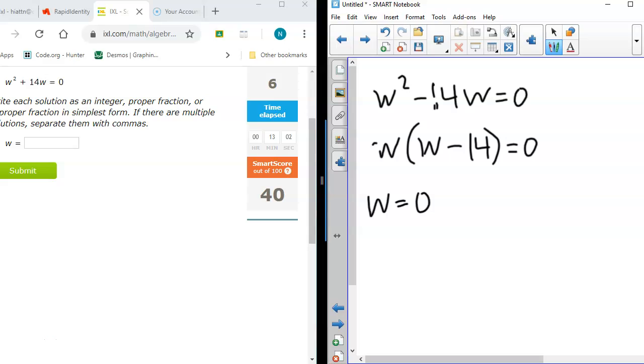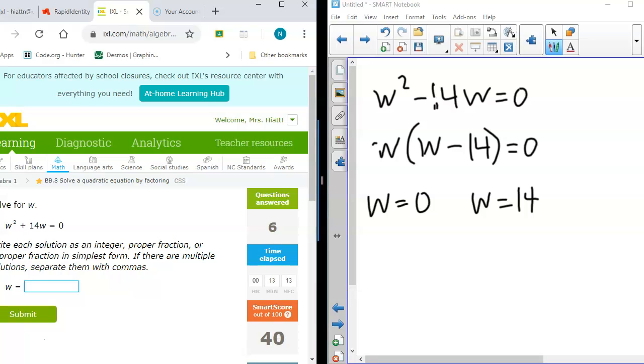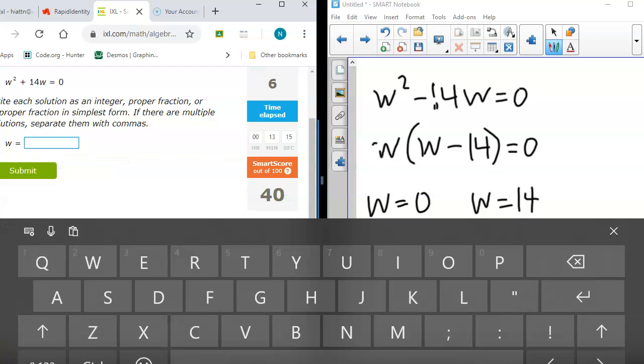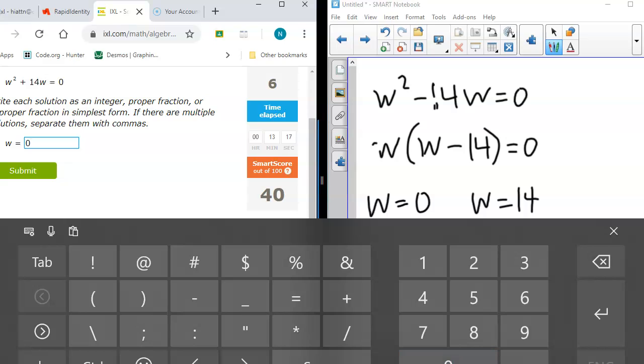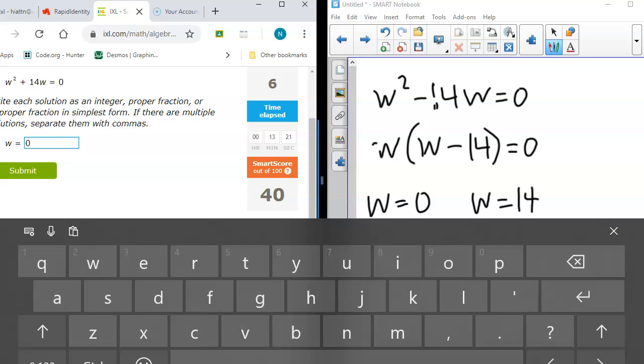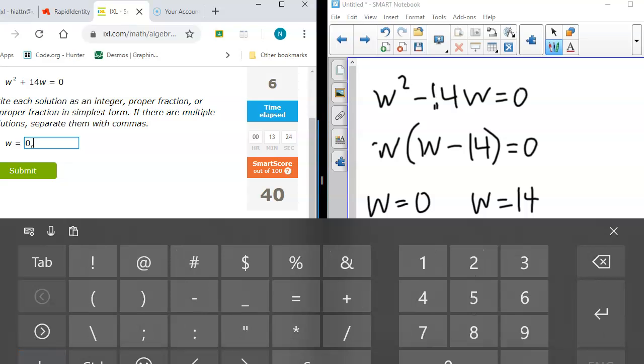If you think w minus 14 equals 0, you're going to add the 14 to both sides. So you could just say w equals 14. And then you would type in your answers. 0. 14.